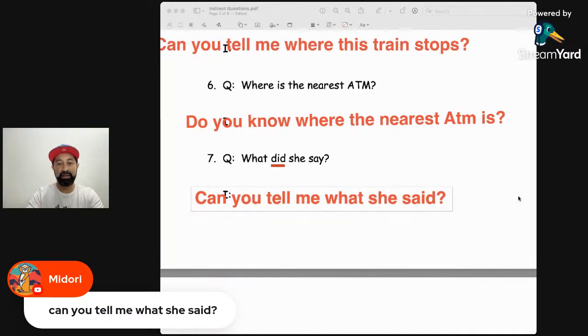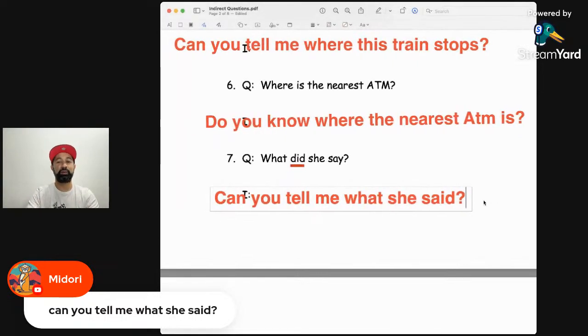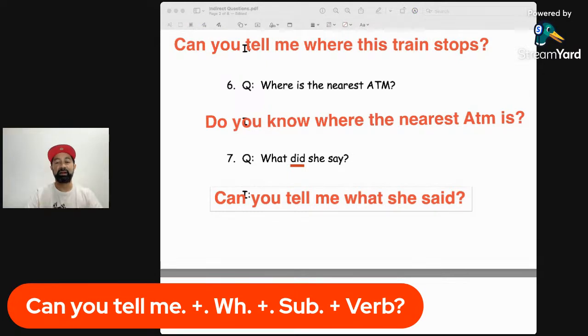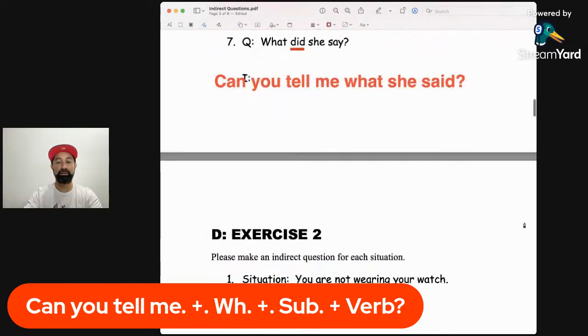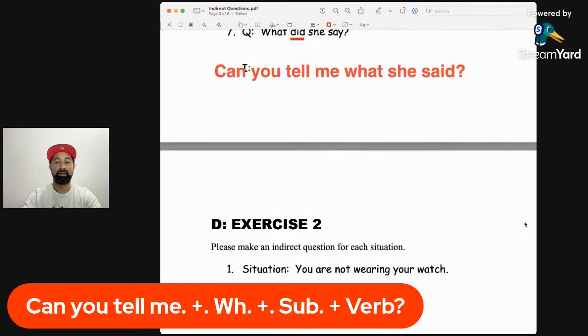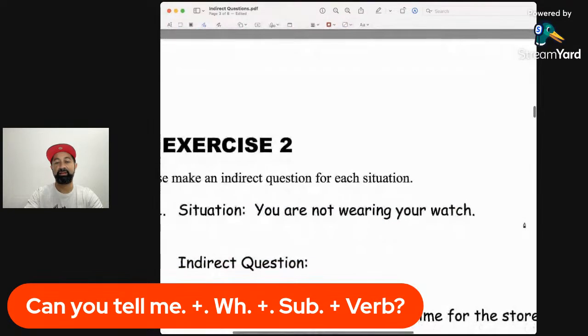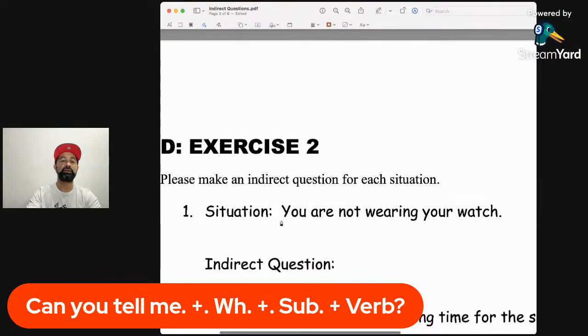What we will do next is I'm going to give you a situation, and you're going to read it and think, what indirect question can I make for this situation? Let's do the first one together. The first one says, you are not wearing a watch.